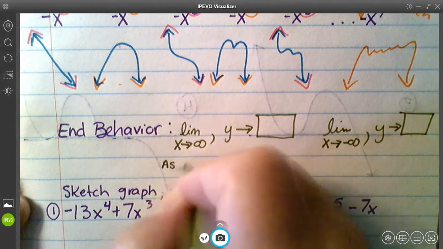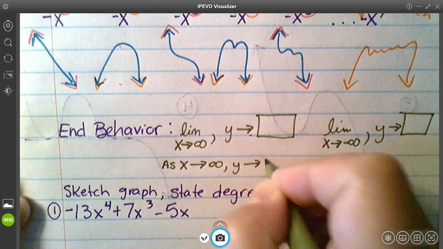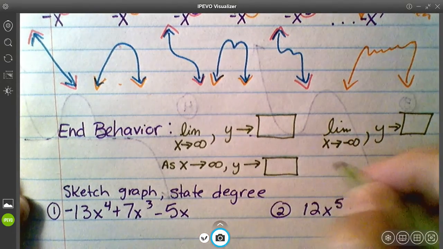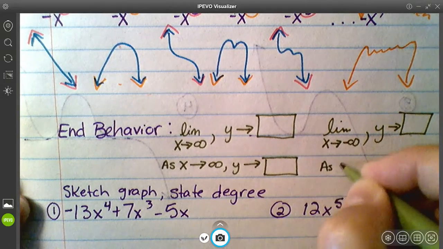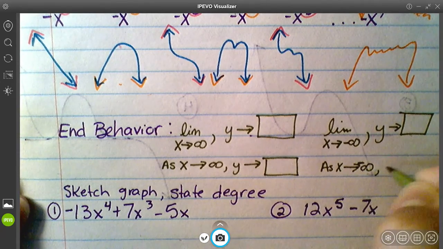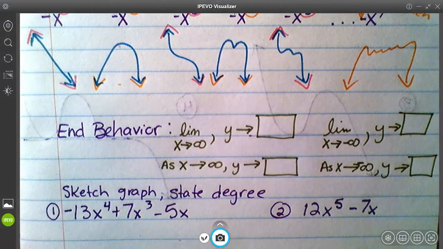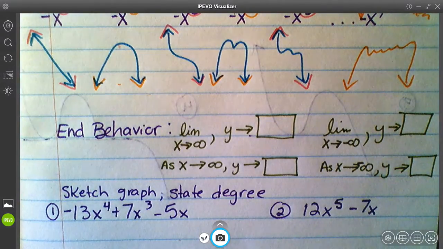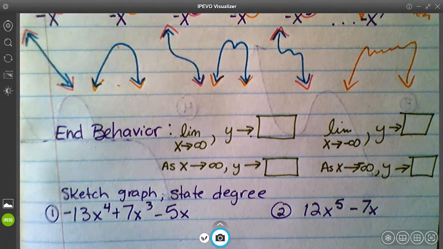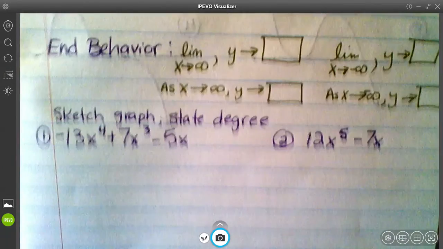I will probably take it a little easier on you guys this time around, since we're not face-to-face with each other every day. And I'll probably just write it simpler like this. Either way, okay? But end behavior, we did that. That was in our first unit. So you can flip back in your notebooks to your first unit and you can see some more examples on that. We are going to talk about it now, though.